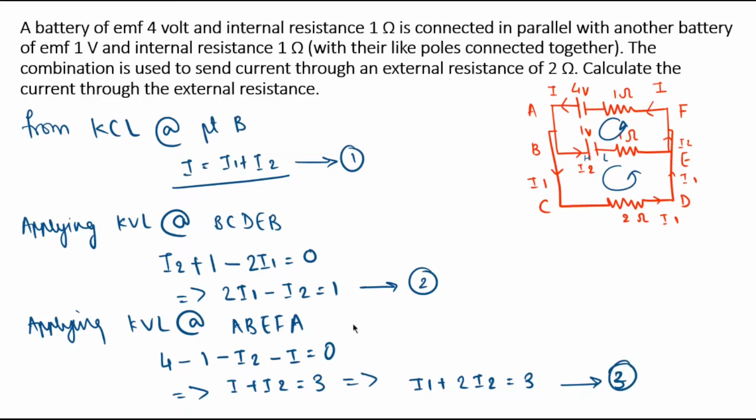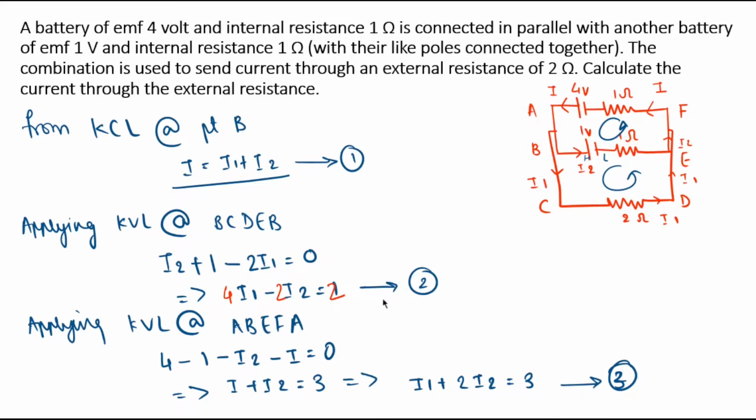Now by solving these two equations simultaneously, you can get the value of I1. In order to get I1, you need to cancel out I2. So if you multiply equation 2 by 2, you get 4 I1 minus 2 I2 equal to 2.